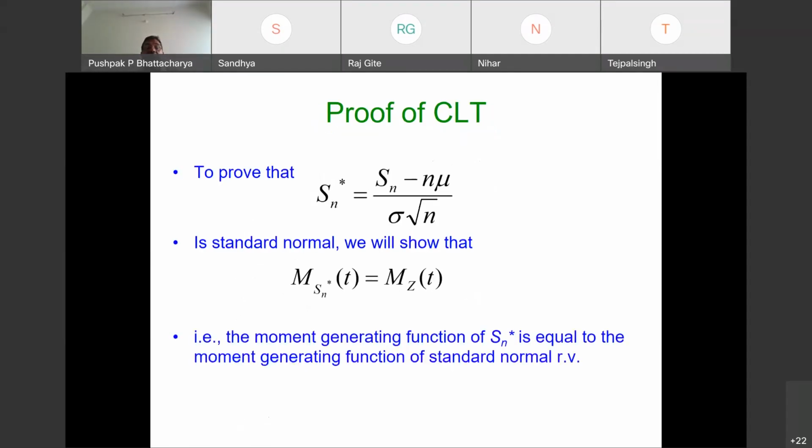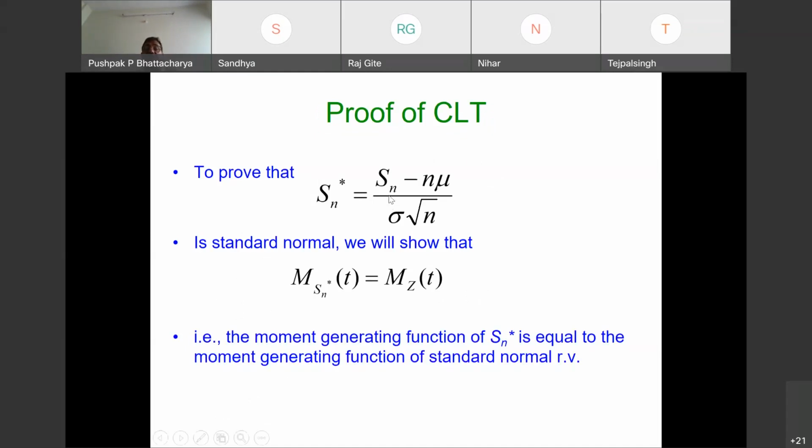So then we constructed the proof with the procedure that we show. The moment generating function for Sn, which is the summation of these n random variables, is the same as the moment generating function of the standard normal form.